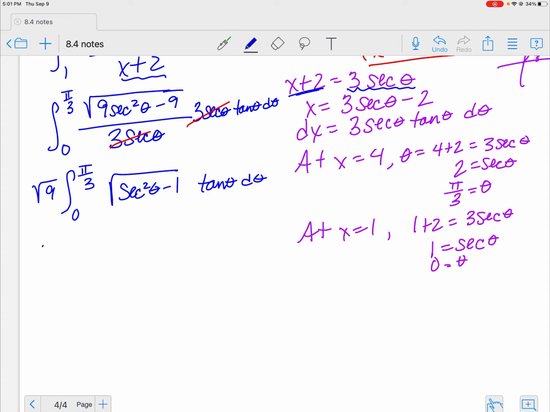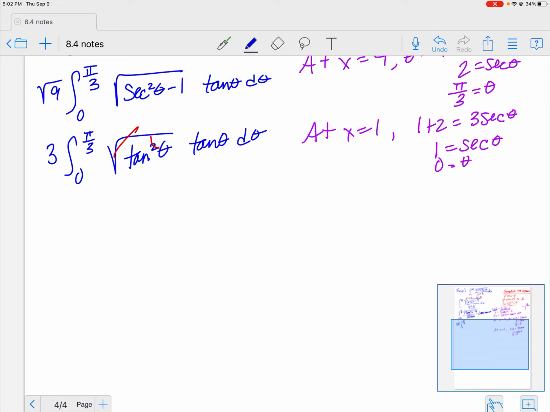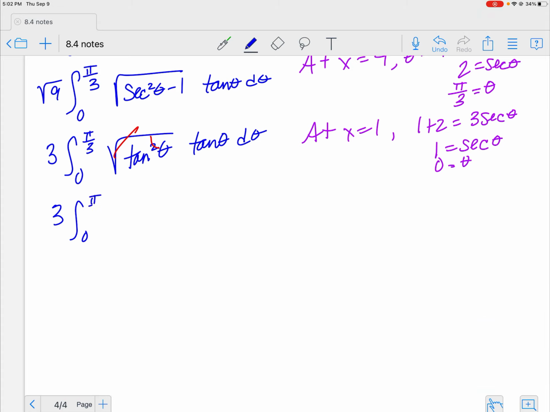We know secant squared of theta minus 1 is tangent squared, so the square root here of tangent squared theta times tangent theta, the square and the square root cancel out, and so I'm just left with 3 from 0 to pi over 3 of tangent squared theta d theta.